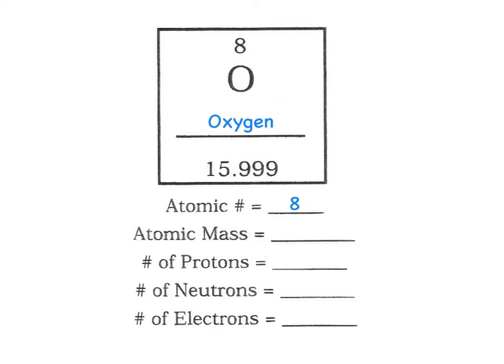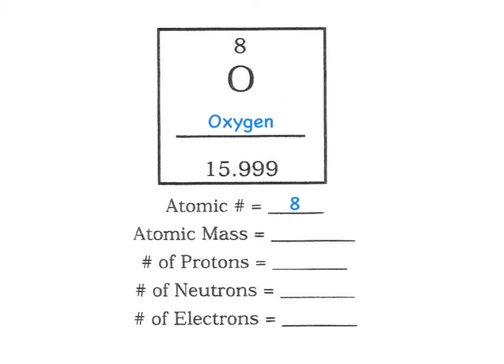Now while we're dealing with that atomic number, we also need to remember that that atomic number also represents the number of protons and the number of electrons, because in order for Matterville to be stable, these numbers need to match. So let's fill in the blank. So now we need to fill out the atomic mass.